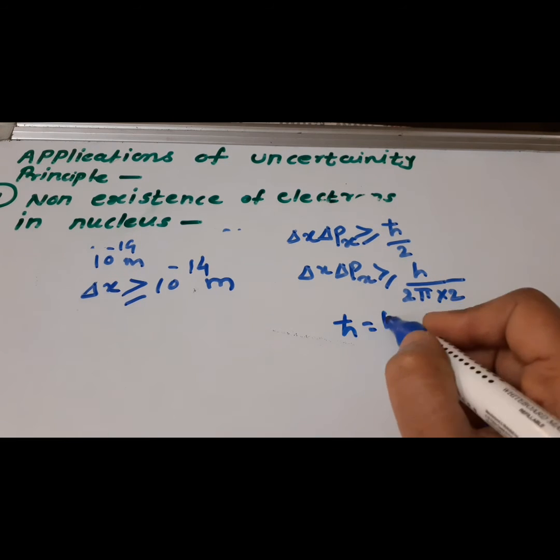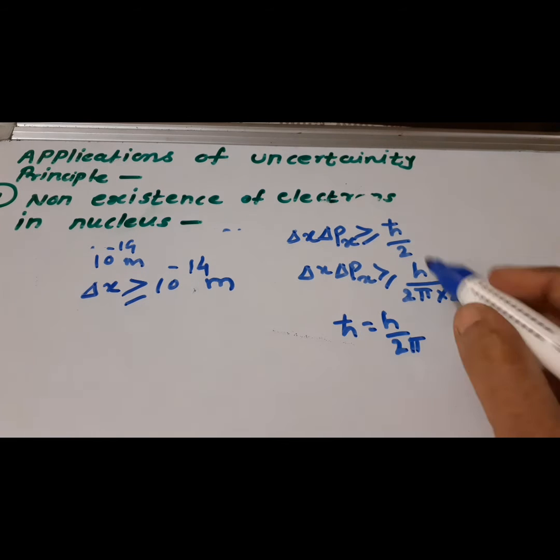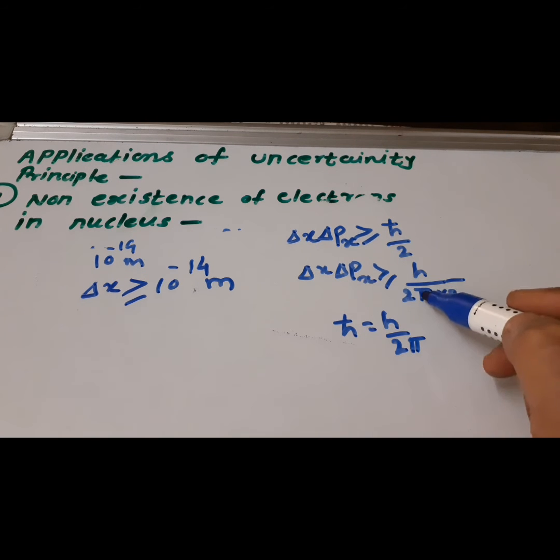Hence, here we can write h upon 2 pi into 2. Here, delta px is the uncertainty in the x component of the momentum.